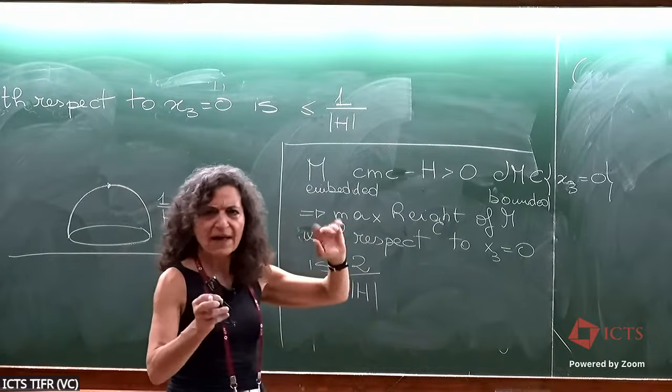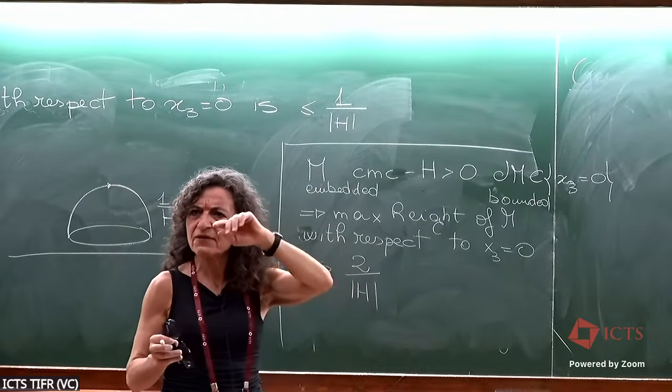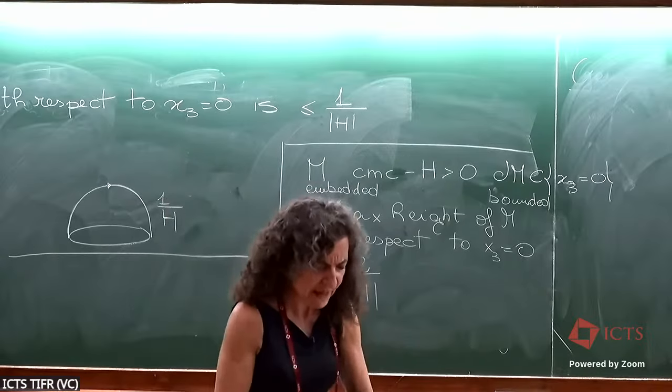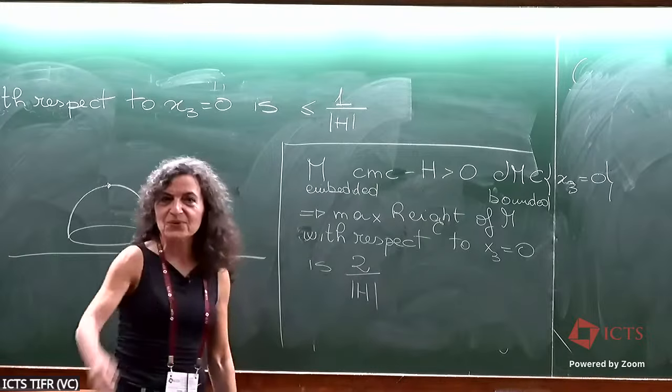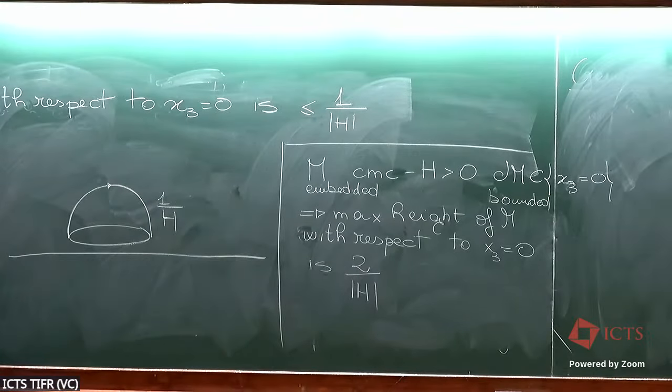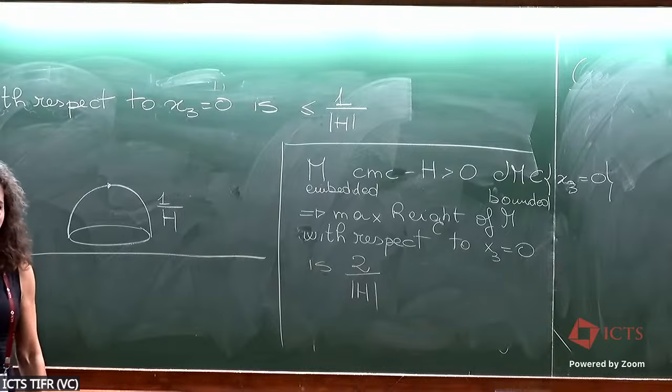Anyway, no, I'm telling something completely wrong. It's 2 all the time. Sorry, it's 2. Why is it 2? Because what you prove, and I will not prove this, but you will have an example of the method with which one proves this in another case, is using what is called the Alexandrov reflection method.